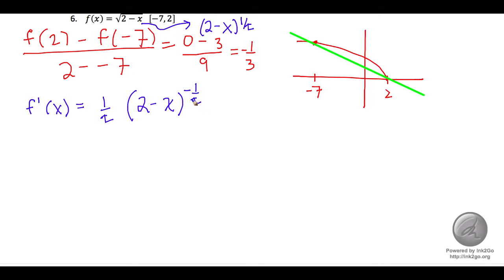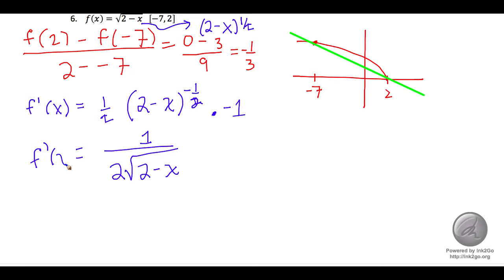Then we have to remember to multiply everything by the derivative of the inside, which is -1, because the chain rule is at work. So this is 1 over 2, and I'm bringing all of this down here, the square root of 2 minus x. That is equal to f prime.